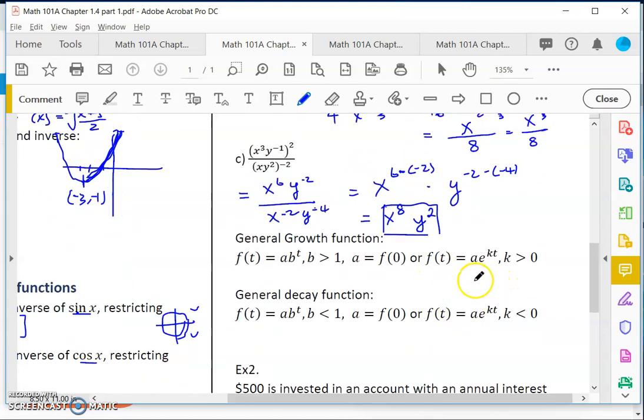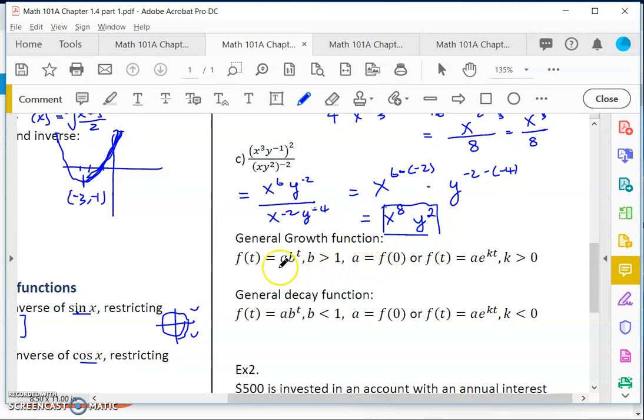So we have introduced the general growth function and general decay function that are used to model applications. Now the basic function is y equals b to the x, but to use it to model real life, we use a b to the t, t for time. If b is greater than 1, then it is a growth function, just like what we saw on the graph.